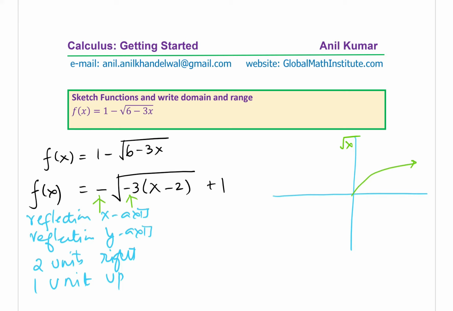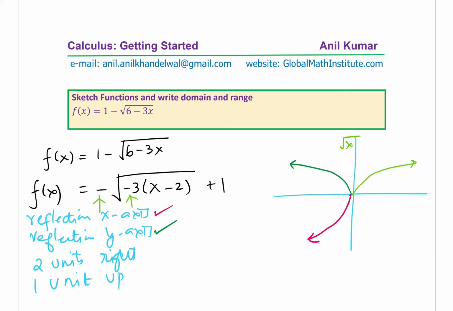So now we already have the function square root x. We can now reflect this on both the axes. So you could perform it like this. That is on the y-axis, which we did. And now we could do, let's use another color, like this. That is on the x-axis, which we reflected, correct?